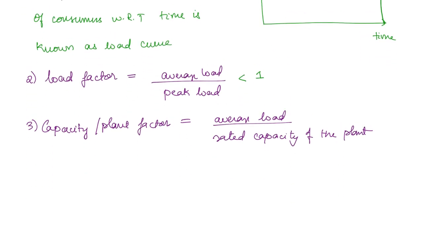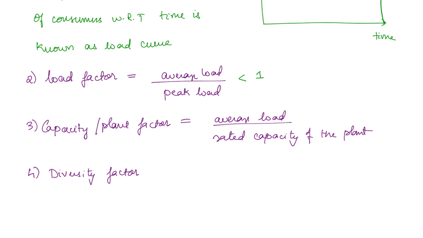Next is the diversity factor. There are going to be multiple kinds of consumers. There will be industrial consumers, residential, there will be some offices or schools. For each of these consumers, the power demand is going to be different.